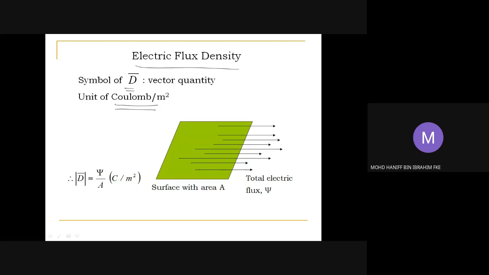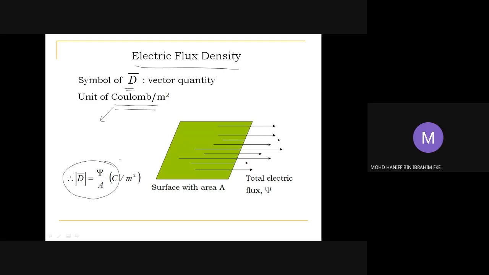From this unit, we can say that the relationship between the flux density D and the flux itself, psi E, is based on this equation, where the magnitude of your flux density D equals the flux amount divided by the area.